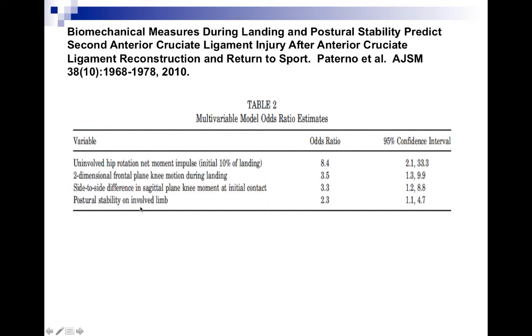It was the highest, but we also notice that postural stability on the involved limb had an odds ratio of 2.3 times more likely to re-injure than if you had good postural stability. So let's keep this in mind as we now go through and look at the accuracy estimates of these various variables.